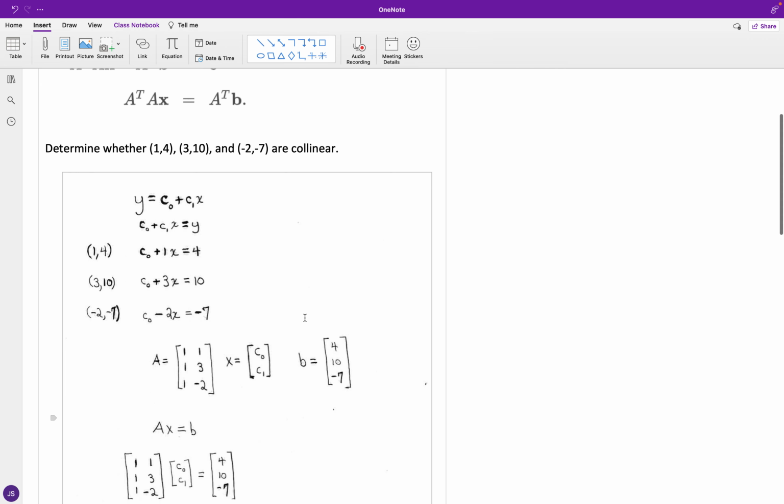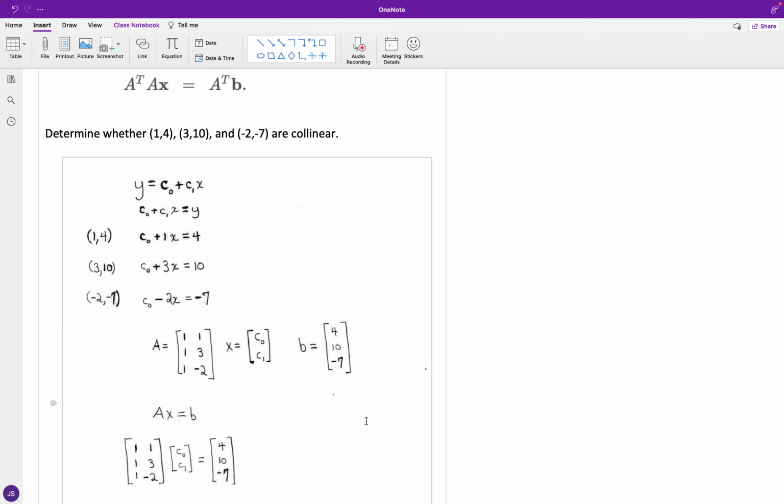And whenever we had the ordered pairs (1, 4), (3, 10), and (-2, -7), we set up these equations where the coefficient matrix A consisted of 1, 1, 1, 3, 1, -2, and X, again, is the vector consisting of the values of the coefficients, c0 and c1. And B is the matrix consisting of the y values, where in this particular case we had 4, 10, and -7.